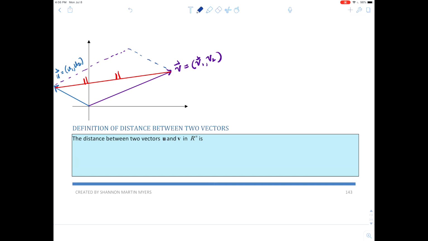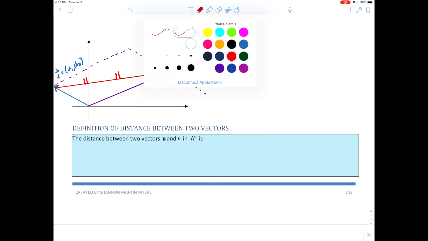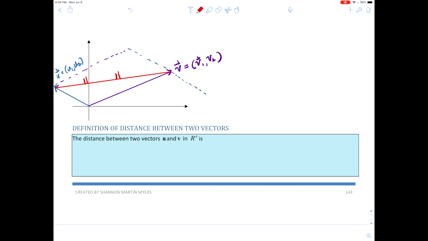Like that. And then also, let's take a look. If we continue to extend this vector u out a bit, look what happens. You get this magnitude vector that is parallel and the same length.